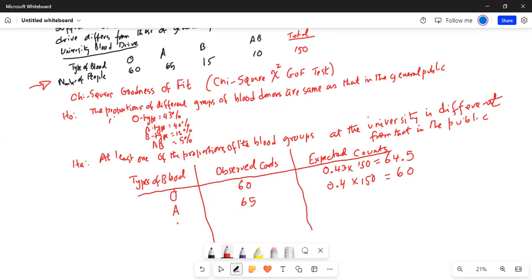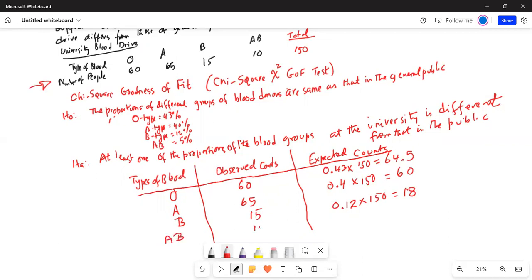Okay, and then comes my B type of blood, and the observed count is 15. The expected count is 12%, so 0.12 times 150 is 18. Okay, and then AB type.